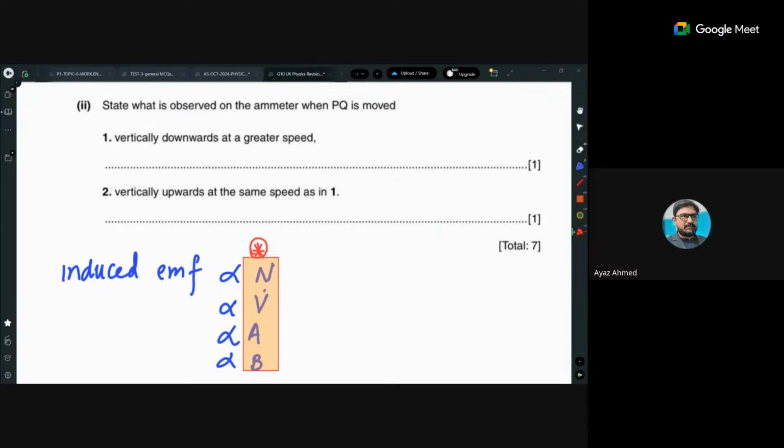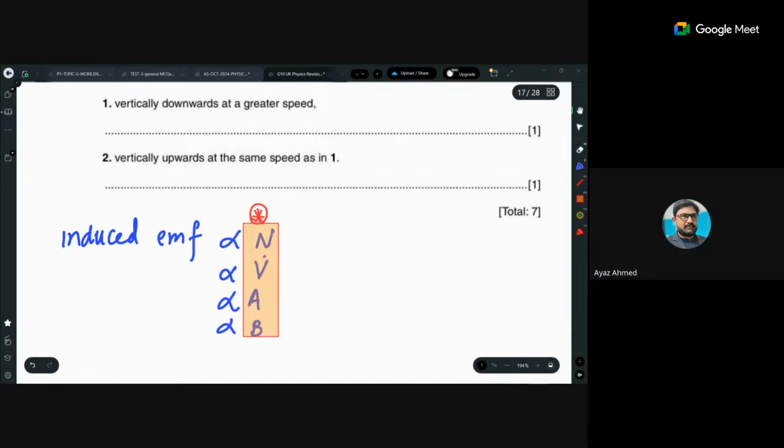Anyhow, this is a word you can remember, or you can make your own, because it depends upon different situations. If you are not convenient to remember this word, you can make another word for you, but use these four factors to increase the current.